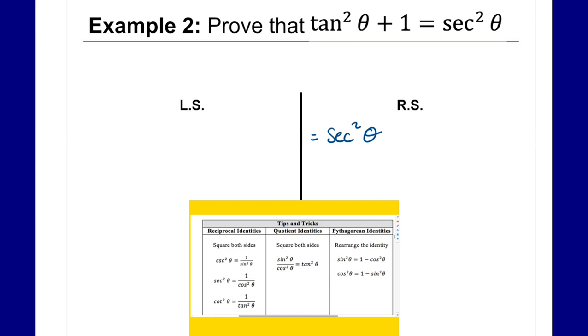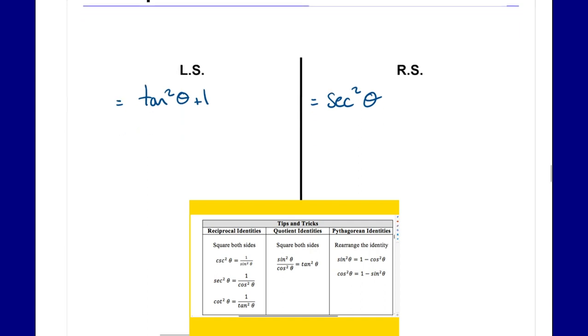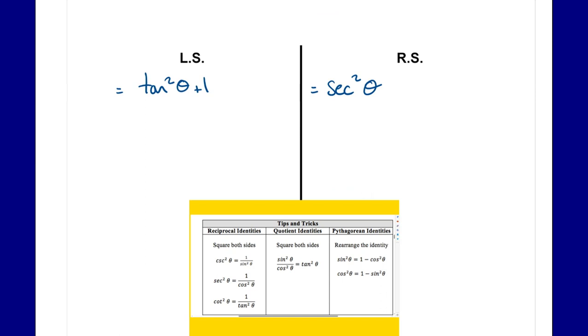And on the left side, I have tan squared theta plus 1. Can't do anything else with that right now. So I need to somehow get these to equal the same thing. Well, secant squared theta, let's use our reciprocal identities.